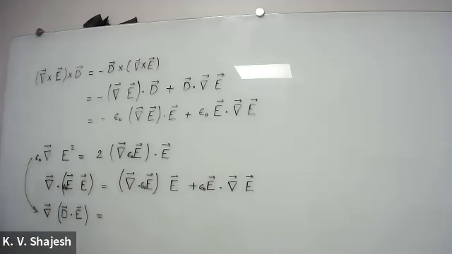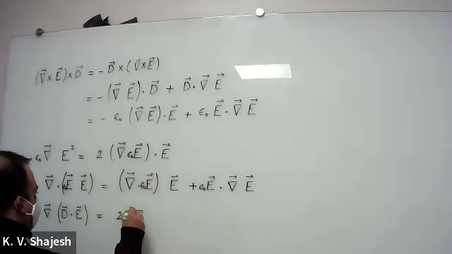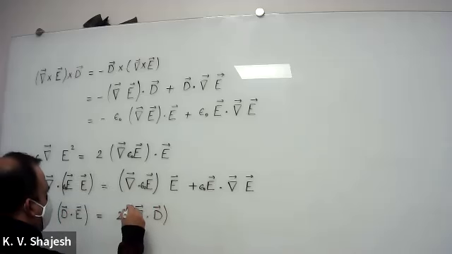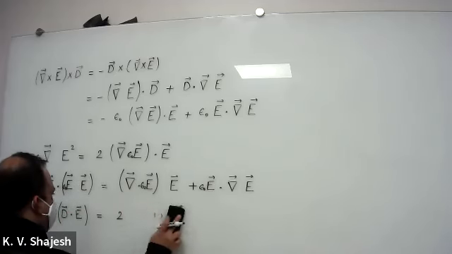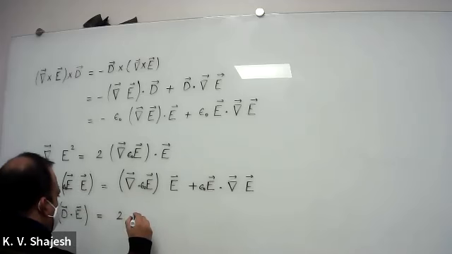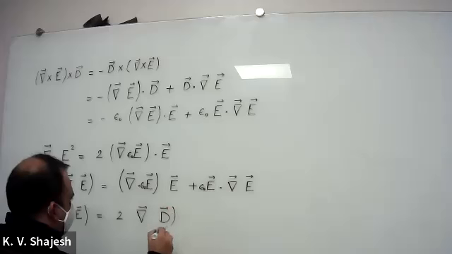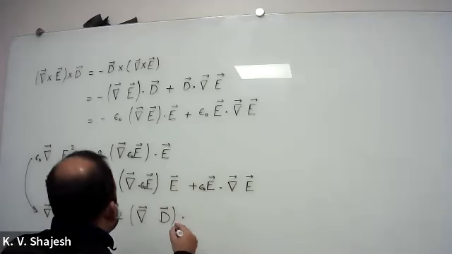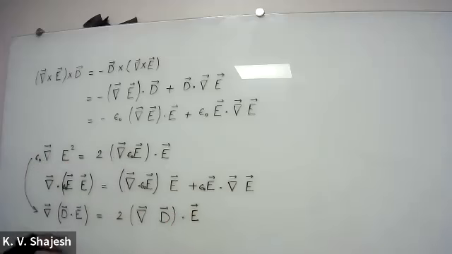It is equal to 2 times gradient dotted with D and E. Oh, sorry, that's not what I meant. So this is the tensor, gradient acting on the displacement vector times E. That's this equation. Is it clear how the manipulation is working?